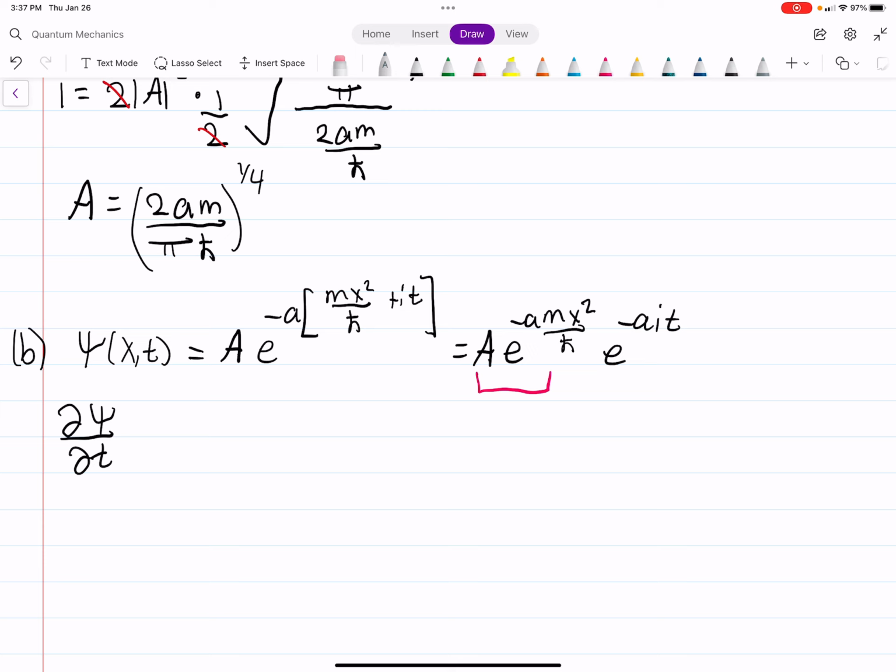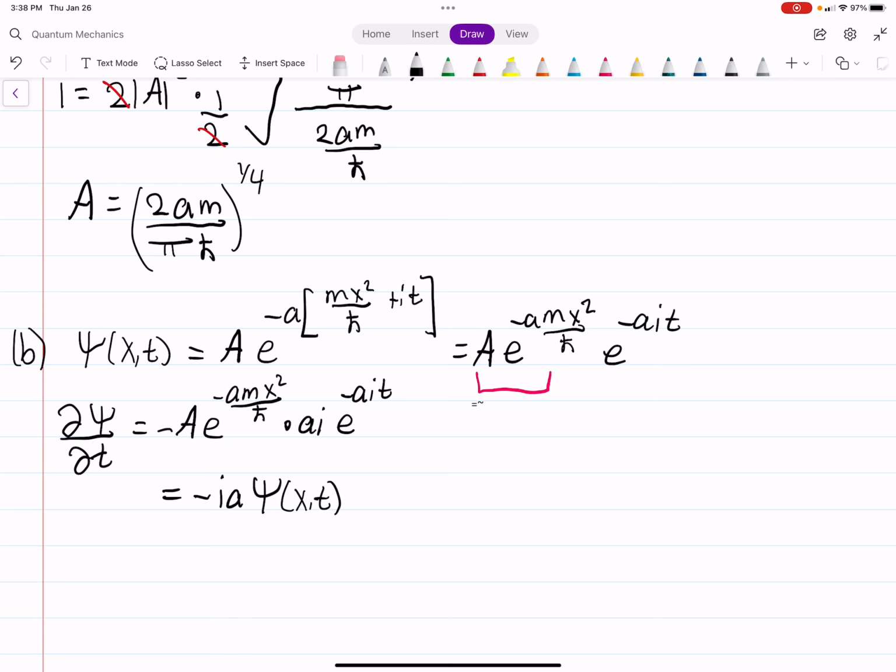And when you do that, you just get an additional minus i a, times e to the minus a m x squared over h bar, and then you get your other exponential back, which if you notice is just minus i a times our original wave function.